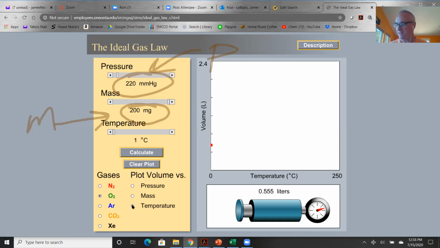Everybody's scared or nobody has any idea? Should be scared at this point. So we're just varying temperature and volume. If we vary pressure and mass, are we going to get a straight line?